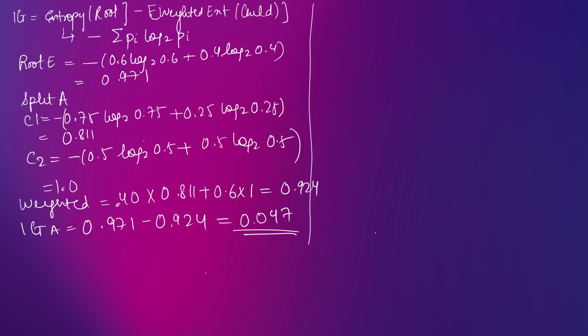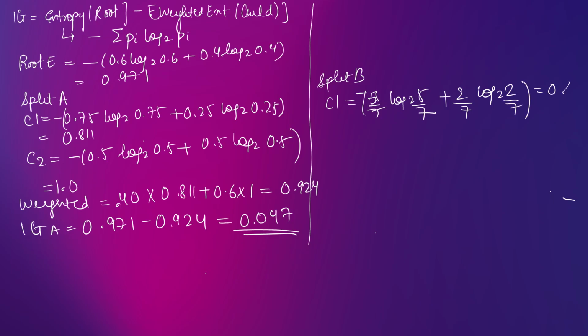I'll solve it here only simultaneously so that it's easy to compare. For split B, C1: minus (5 by 7 log2 5 by 7 plus 2 by 7 log2 2 by 7). This is 20 by 70, so I'm cancelling zeros. For child 2, minus (1 by 3 log2 1 by 3 plus 2 by 3 log2 2 by 3), 0.918.